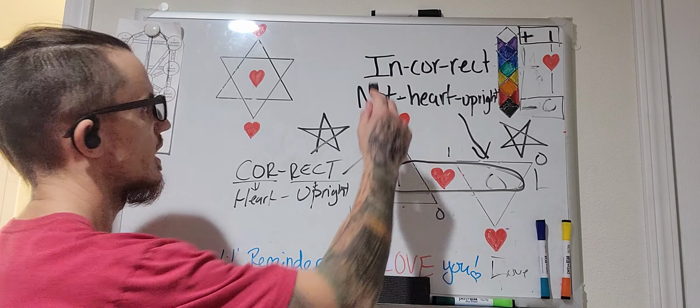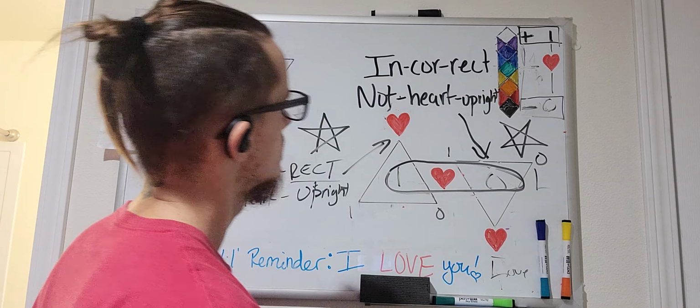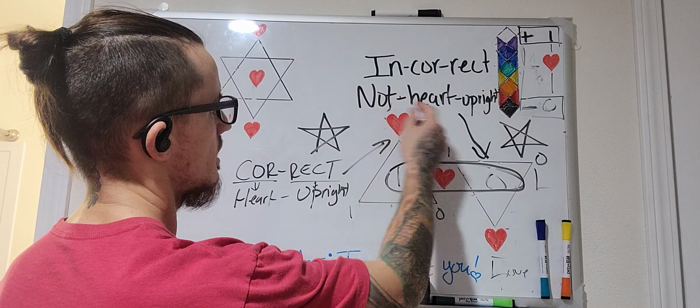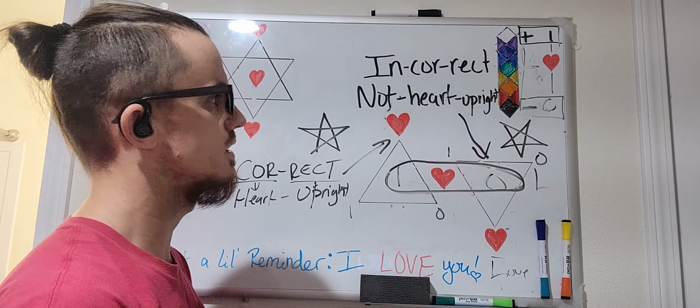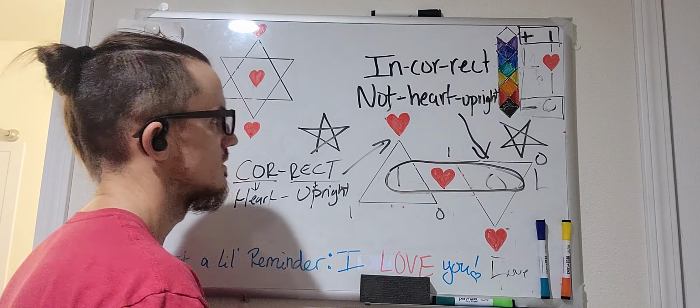Whereas incorrect, you get not heart upright, or the heart is not upright, otherwise known as the heart is inverted. The prefix in comes from the prefix un, which means not.